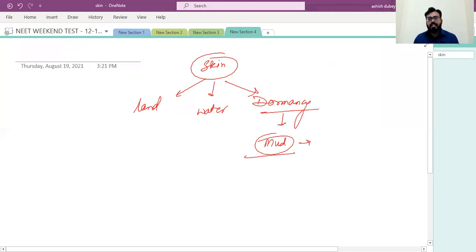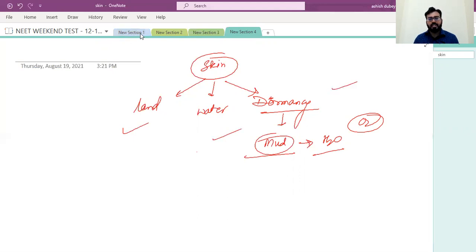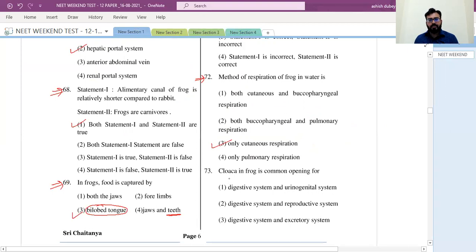The mud has some water, and in that water the dissolved oxygen is absorbed via skin, because in the mud it cannot breathe. So the exchange of gases is taking place because of skin. Cutaneous respiration is the versatile one. It is helping the frog to respire on land, in water, and in the dormancy period during hibernation and aestivation as well. So the answer should be 3.